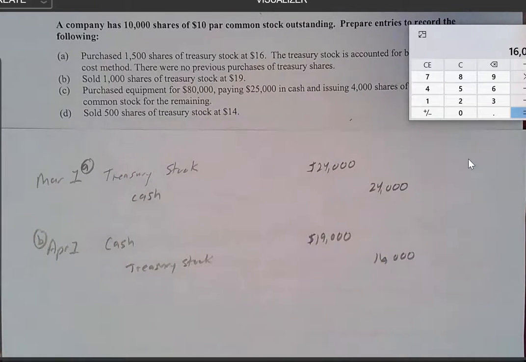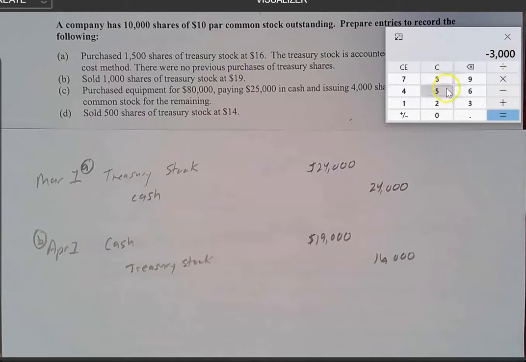But just like in the previous example, we do not balance yet. So if we take $16,000 and subtract out the amount of cash, kind of doing this quickly here, I'm going to do that again: 19,000 minus 16,000 equals 3,000. You probably knew that.